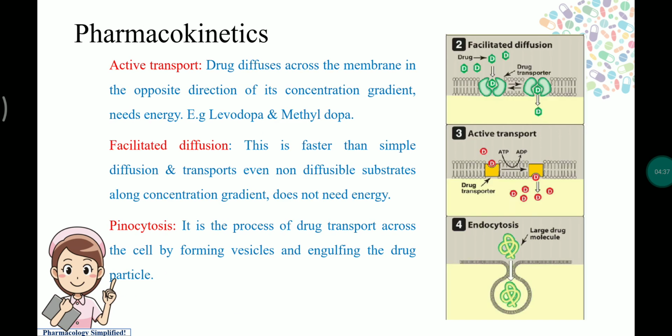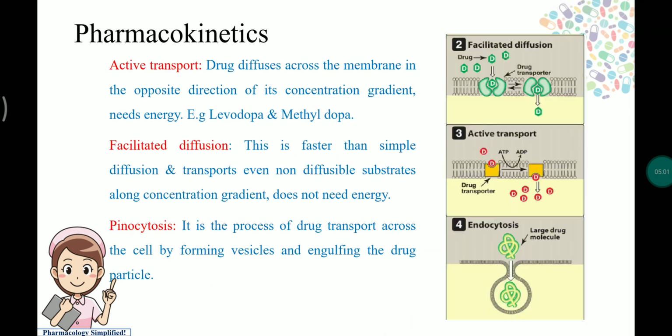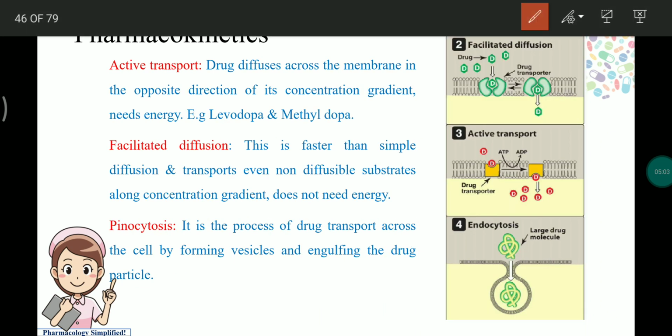In carrier transport, there are different types of transport. They are active transport. Active transport means the drug diffuses across the membrane in the opposite direction of its concentration gradient, which requires energy. Example, levodopa and methyldopa. Here we can see active transport.